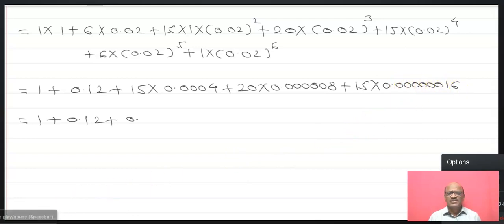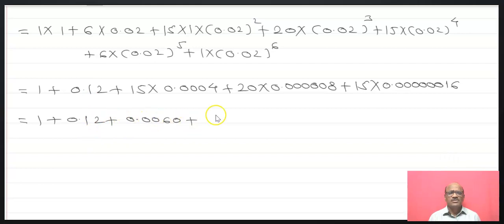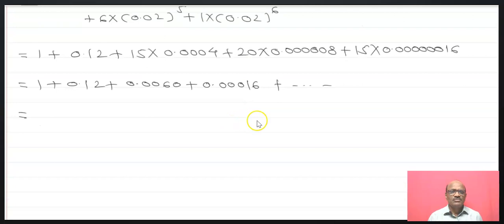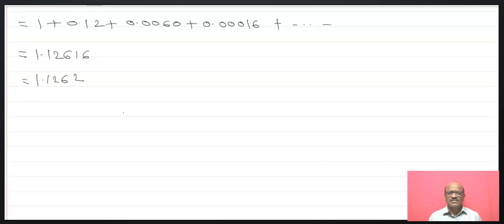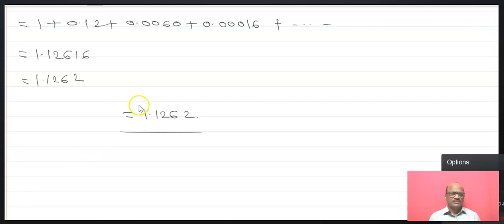Now their multiplications: this is 1, 0.12, now here 0.0060 plus 0.0016, and the next terms I am not taking because they are beyond the 4 digits, therefore we add here. And this is up to the 4 decimal places, that is 1.1262. This is the final answer.